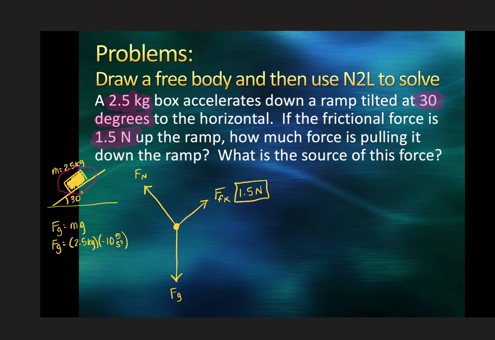That's little g. So FG is negative 25 newtons. Make sure that you always keep the negatives from here on out. So I'm just going to mark this. The value of FG is negative 25 newtons. And I'm just going to put that right there beside FG.